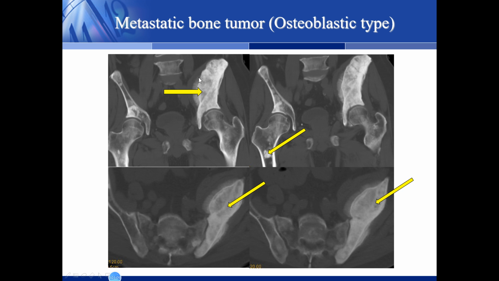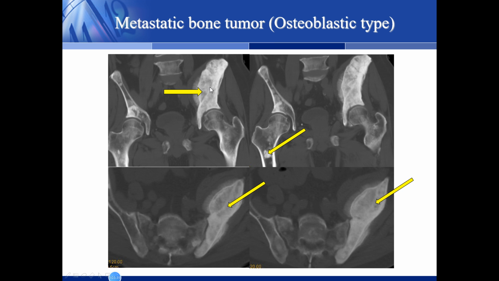And here also is the osteoblastic type, and here is the sunburst type of the periosteal reaction. And this periosteal proliferation reaction shows a malignant bone tumor. So this is the metastatic bone tumor.